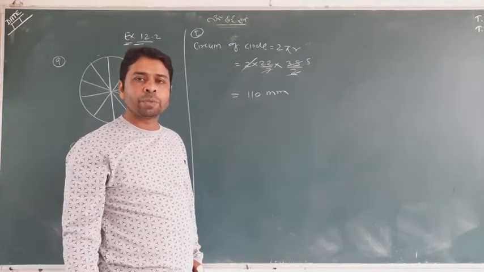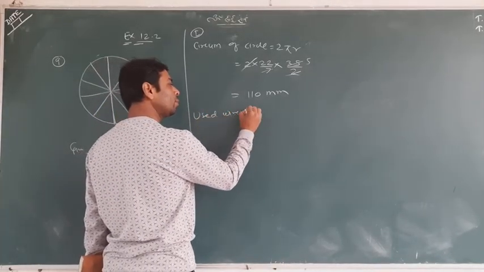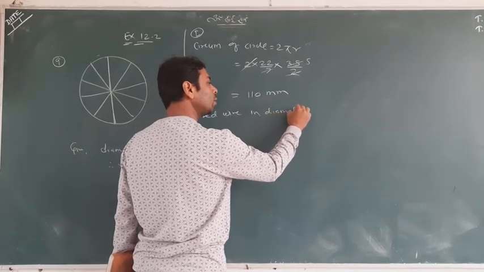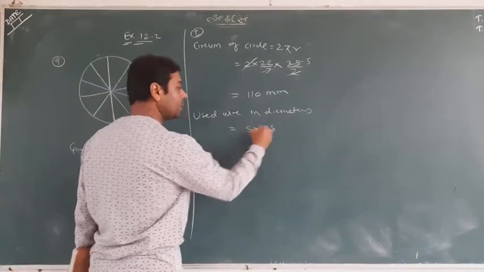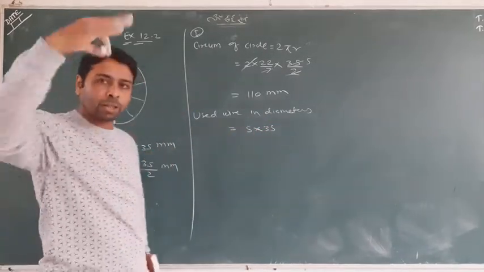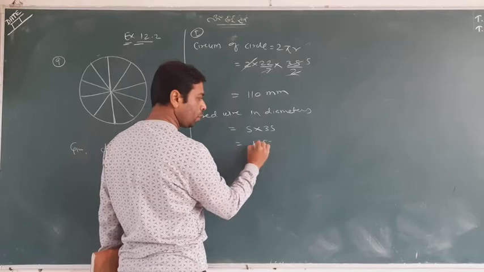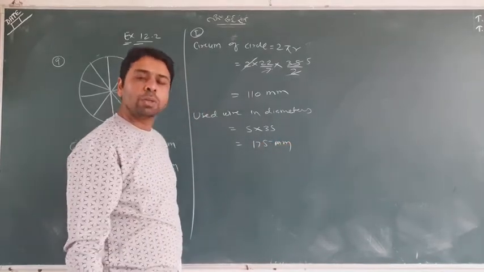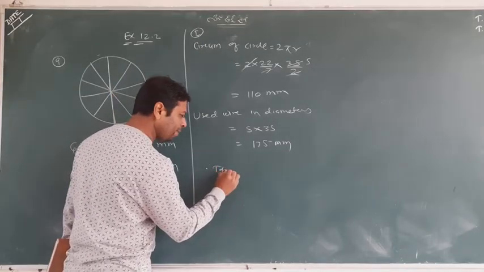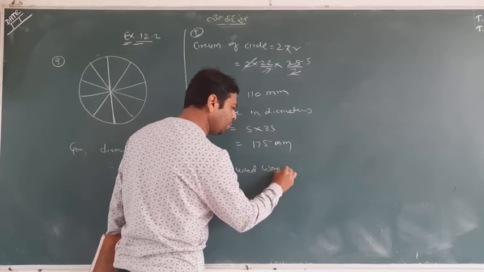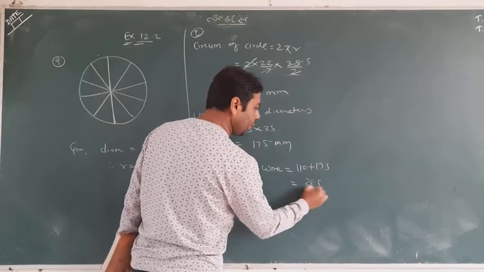Again we will find the total wire used in the diameters: 5 into 35, because 35 mm is the length of a diameter wire. 5 diameters are used, so the total will be 175 mm. So the total wire used in the brooch will be 110 plus 175, which is 285 mm.